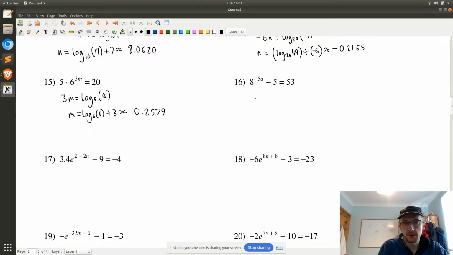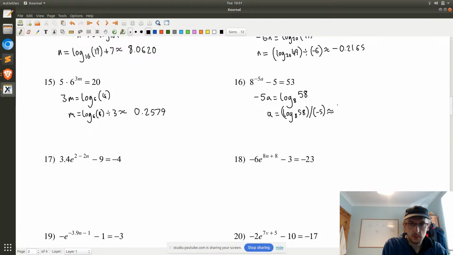Log base 8 of both sides, so negative 5a equals log base 8 of 58. Then divide both sides by negative 5. And we get negative 0.3905.